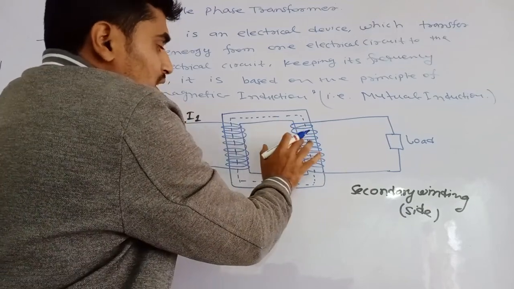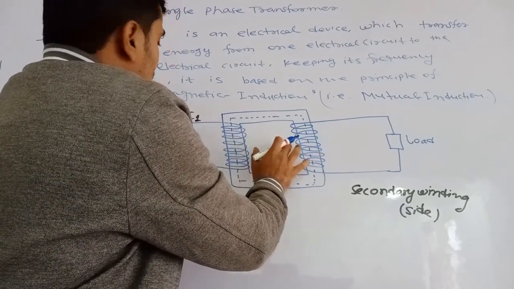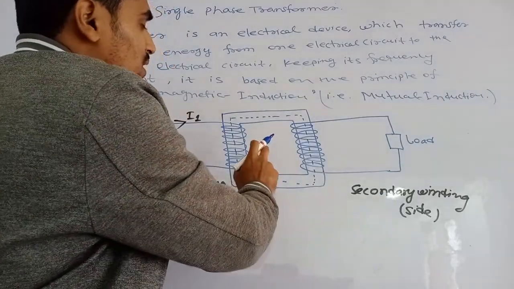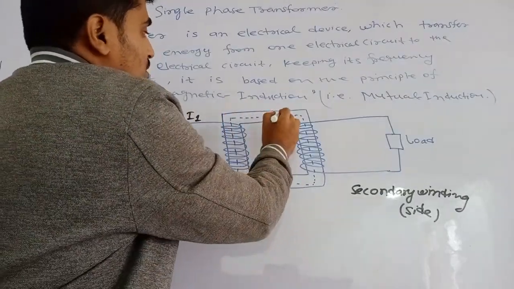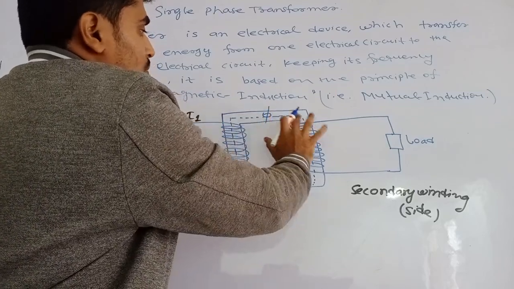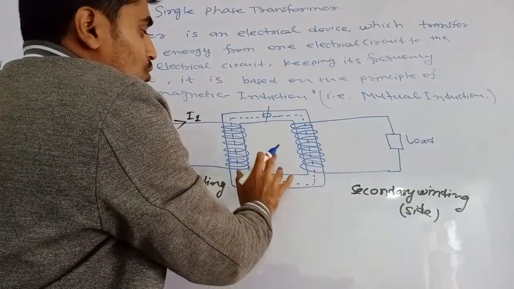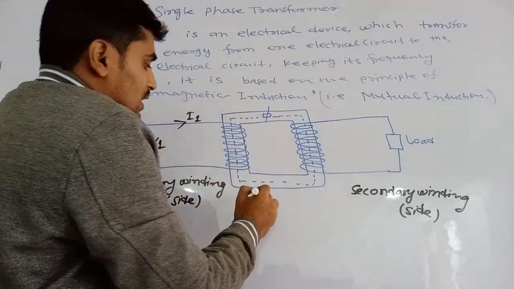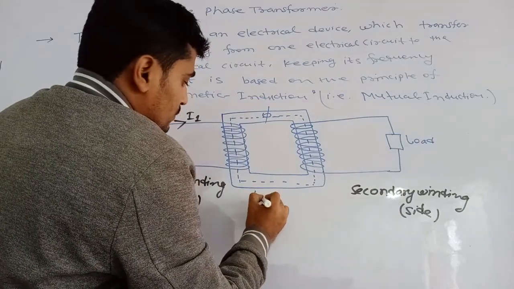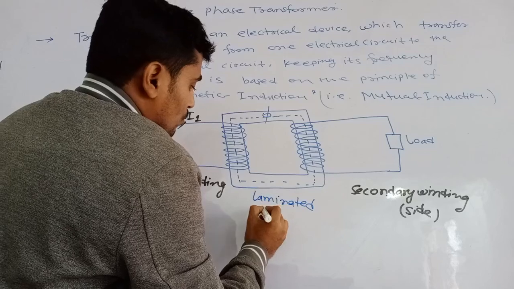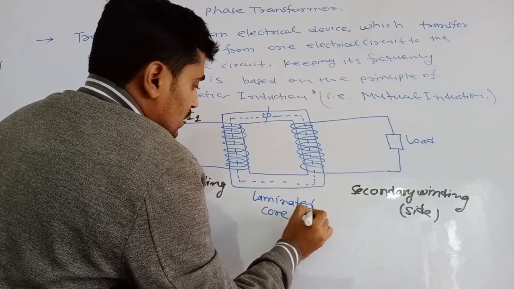There is no electrical interconnection between the primary winding and the secondary winding, but they are magnetically interlinked, by which the common flux phi circulates all over the laminated iron core.